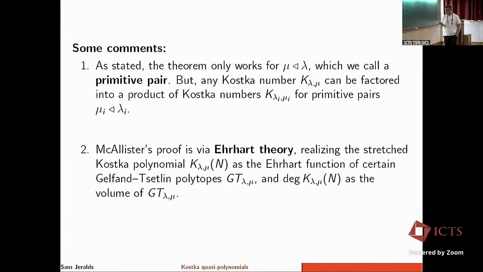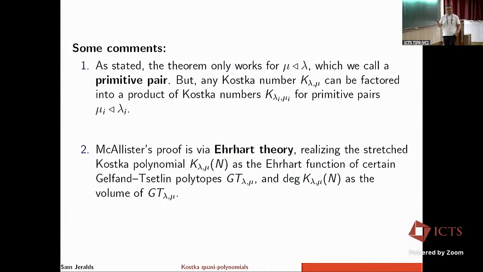So a few comments. This theorem is really just stated for these pairs where it is strictly dominated, and we call such pairs primitive pairs. But there is a result of Berenstein-Zelevinsky that says, well, actually, for any Kostka number, you can factor it down into a product of Kostka numbers for smaller partitions where each of those pairs is primitive. So this is some kind of reduction rule.